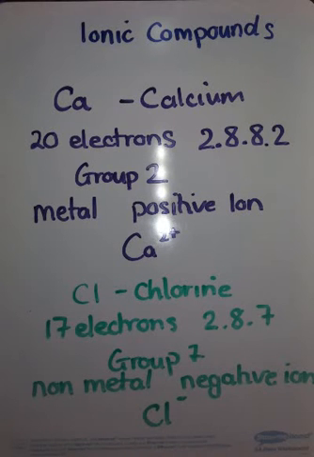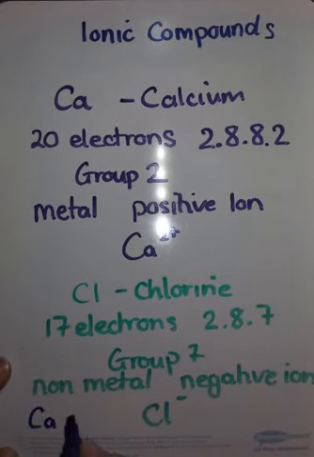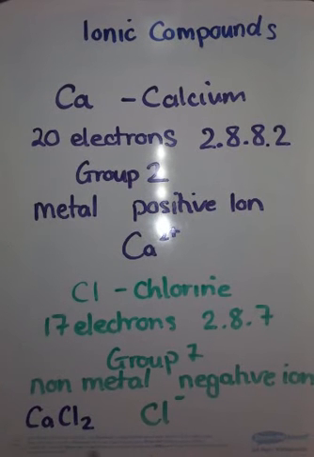So when we write the formula for this, if we were going to join these 2 things together, so calcium chloride, we would have 1 calcium, but we would have to have 2 lots of chlorine. So we would say Cl2. And that's where those little numbers came in that we looked at before.